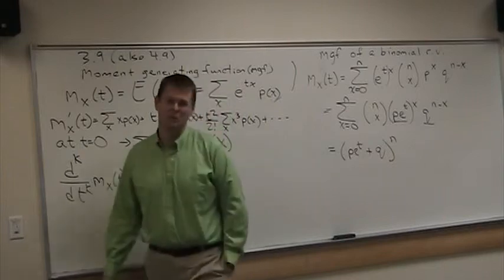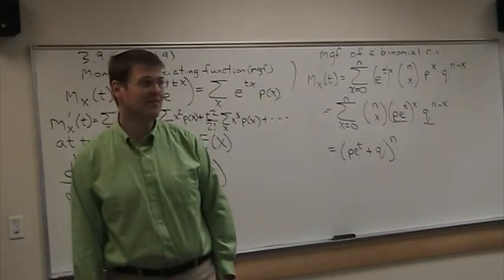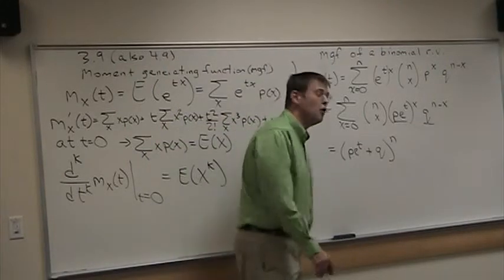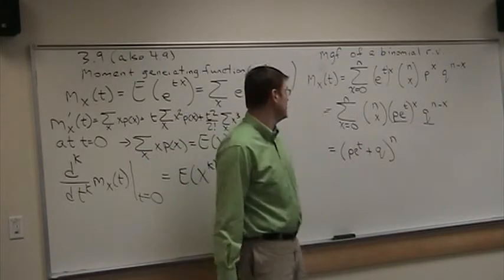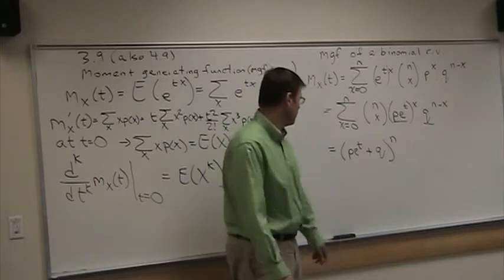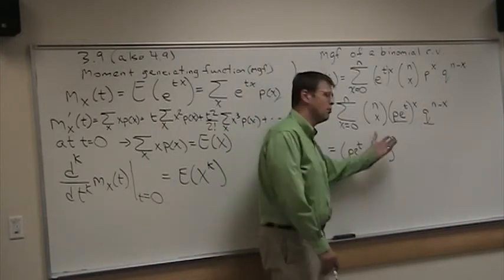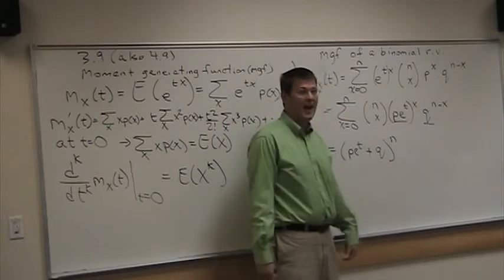p times e to the t plus q, all raised to the n. So for any binomial, the moment generating function is going to be equal to this. For the respective values of n and p, you plug those in and get that out.